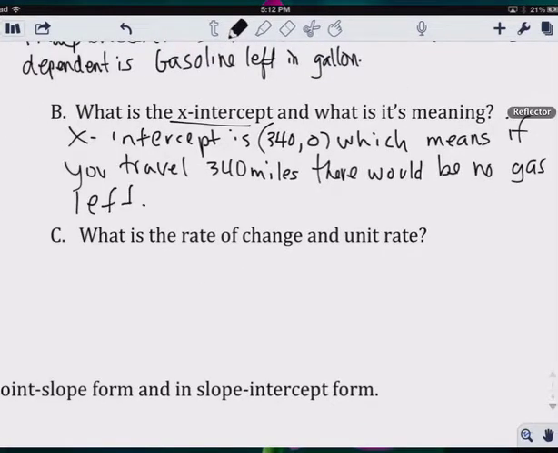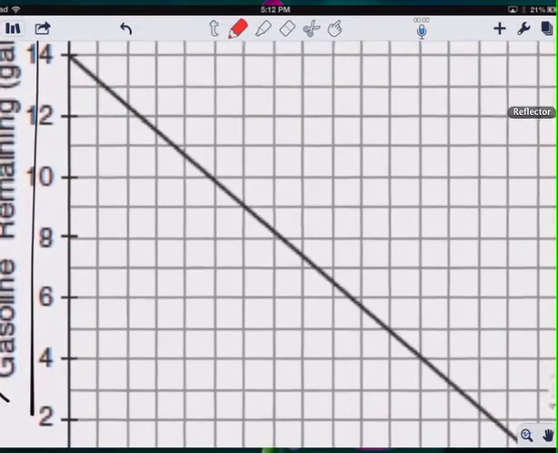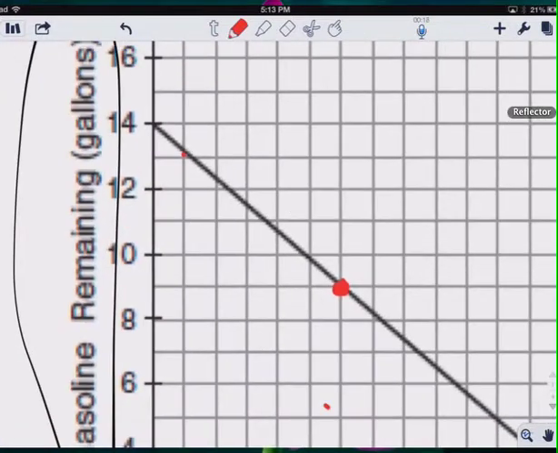Okay, what's the rate of change? Now, rate of change, you need it because this is very hard to tell where the exact point is. If I look really close, the exact is not here, not here, the exact is at 9. At 10, it's still not right there, but at 9 gallons, it's right in the middle.